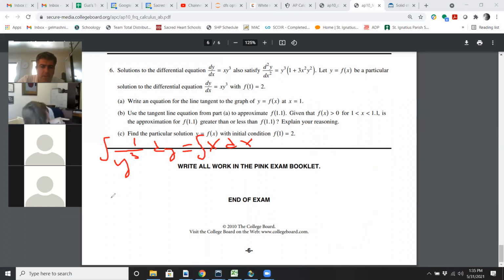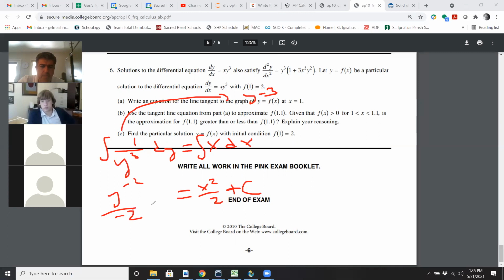So you integrate, so that's going to be x squared over 2 plus c. And that's y to the negative 3 power. Add 1 to the exponent, you get y to the negative 2 divided by negative 2. Yeah, so negative 1/2 y squared.